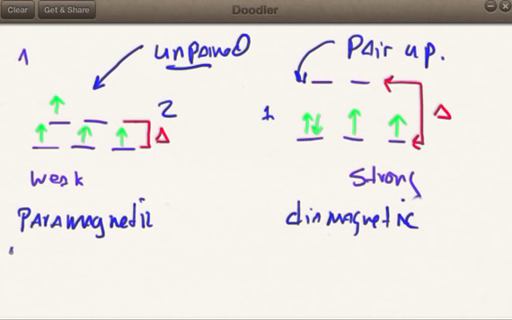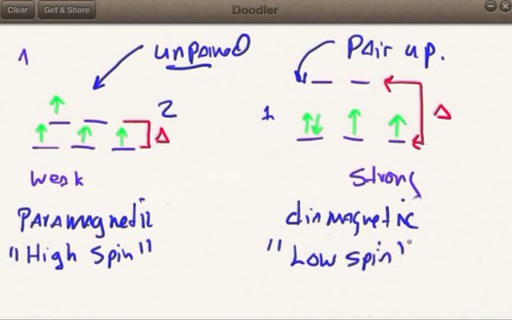And we often call weak fields a high spin system, or a high spin complex, whereas the strong fields tend to be what we call low spin complexes, okay. These are all definitely words that you're going to want to know very well.